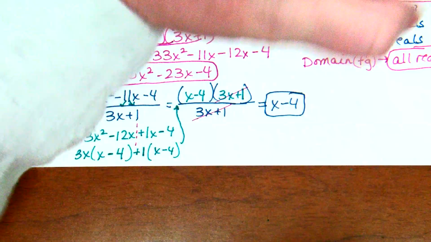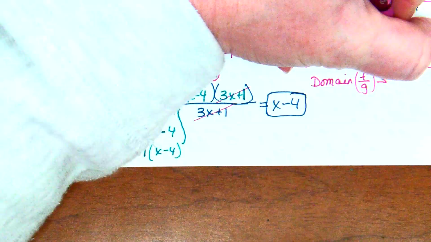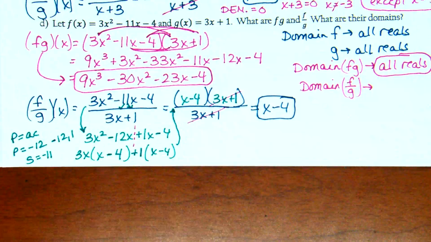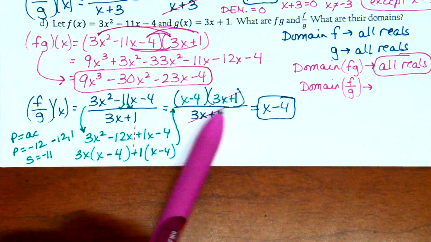And then lastly, we have to talk about the domain of F divided by G. Okay? F was all reals. G was all reals, but then we divided. Our answer was not a fraction, so our answer is fine, but go back and look.